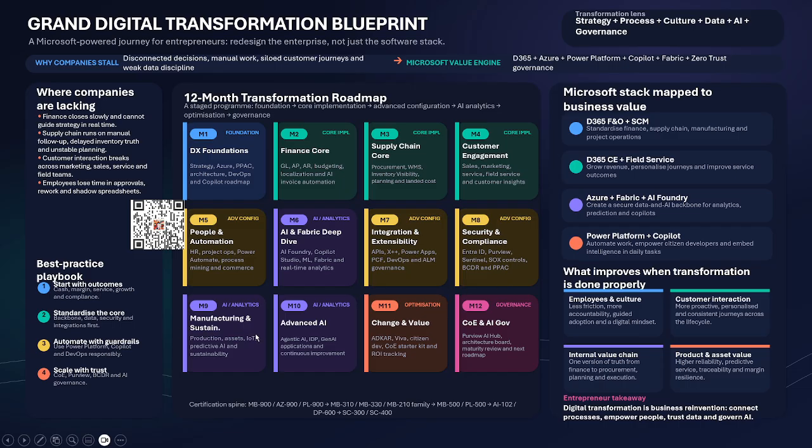Month 9 will go into advanced areas of Dynamics 365 FNO, where we'll be talking about asset management, manufacturing, production, predictive analysis, how to connect IoT, and sustainability in the system. In month 10, we'll be going into advanced AI, where we'll be talking about agentic AI, Gen AI, and continuous improvement in the system.